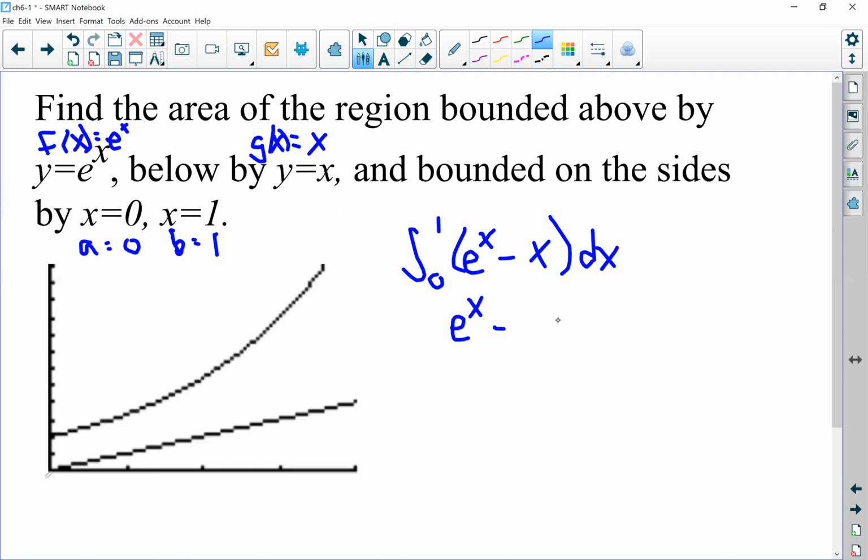And x, or x to the first power, if we use our power rule, we add 1 to the power, and then either divide by that new power or multiply by its reciprocal. I'm a multiplication kind of guy, so I would put 1/2 x squared. And we're going to evaluate from 0 to 1.